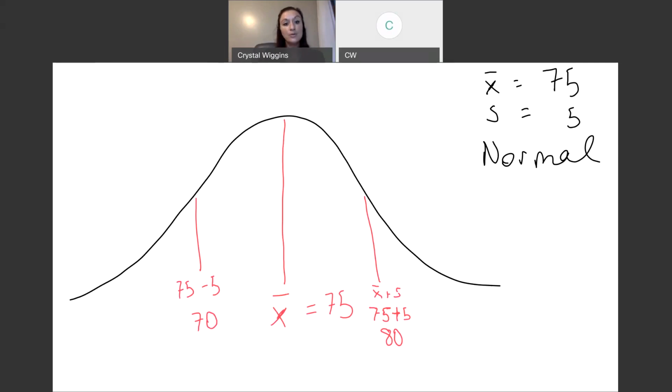The empirical rule tells me that 68% of the data values fall within one standard deviation about the mean.